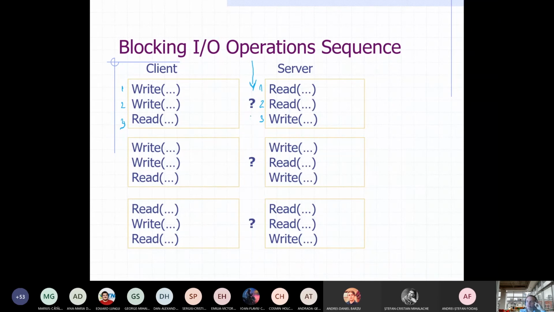Suppose the client starts, and the operations are interleaved. The client does a write, and the server executes a read at the same time. Another write, the server another read. The client a read, and then the server a write. What happens step by step, and what is the final outcome of this instruction sequence?